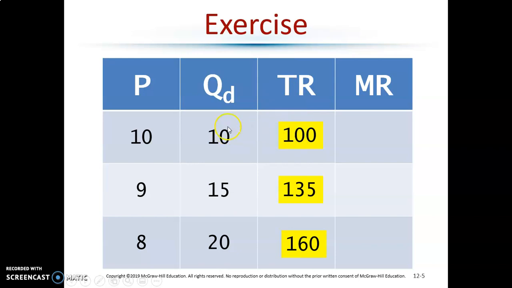The change in quantity goes from 0 to 10. So the marginal revenue isn't 100, it's 100 divided by 10, which is just 10. The marginal revenue of going from 0 units to 10 is $10. The marginal revenue of going from this level, 10 units, dropping the price by 1 to 15 units, is 135.